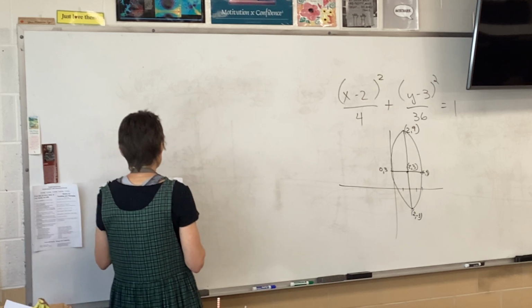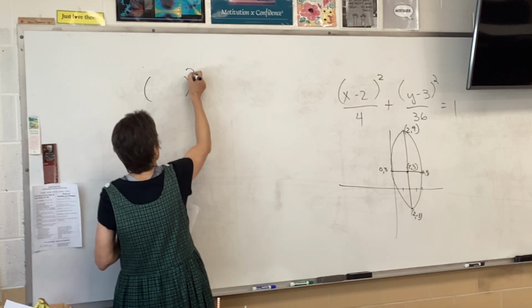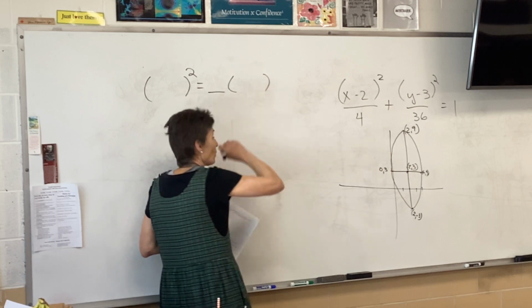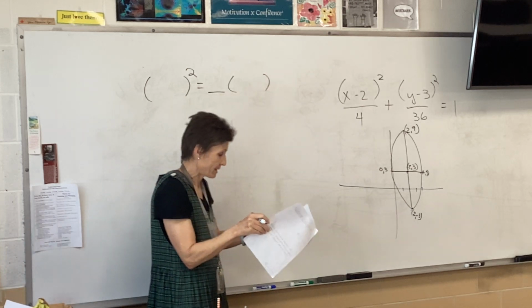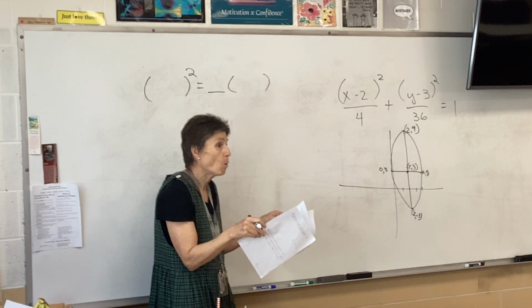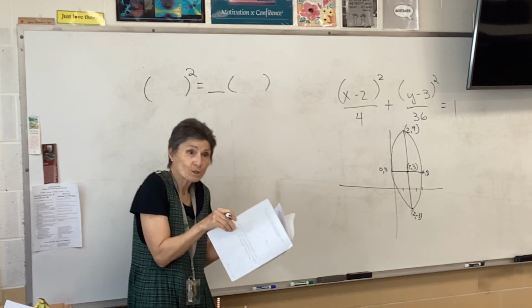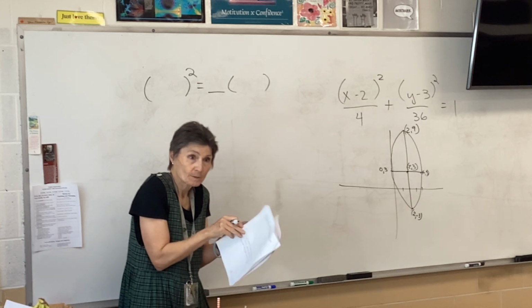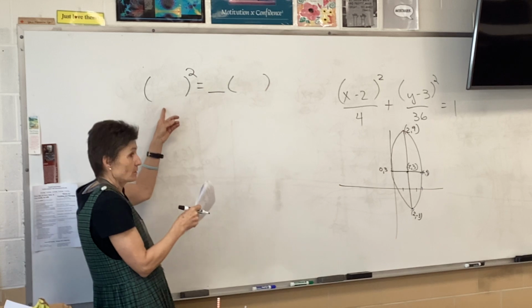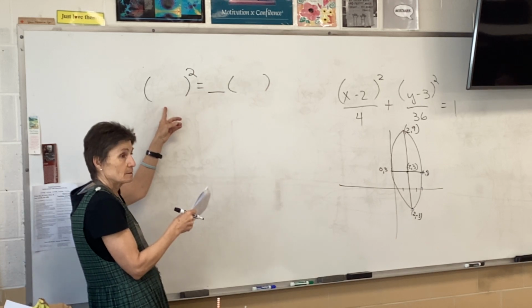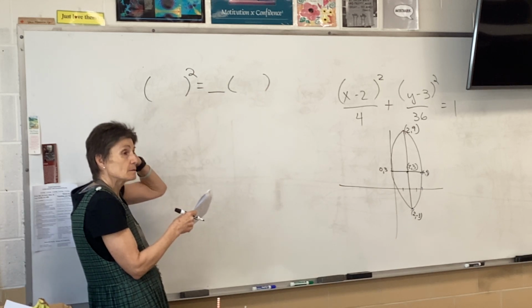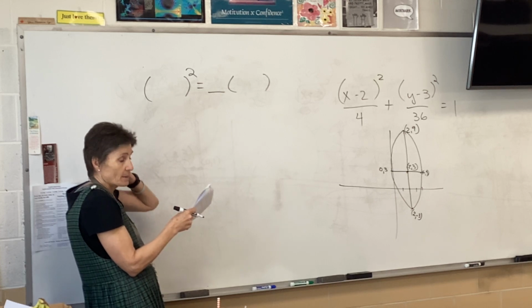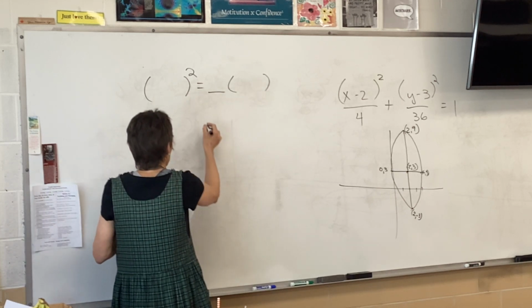All right, so now I'm going to do a parabola. If you forget what the equation of a parabola looks like, look back at question 4, because 4 is your parabola question. So this is what it looks like. What do I know?